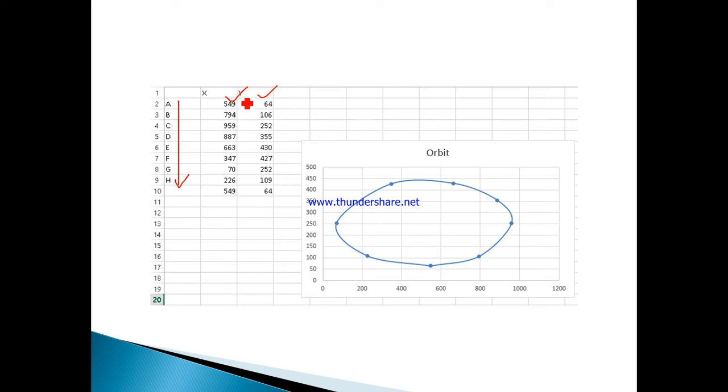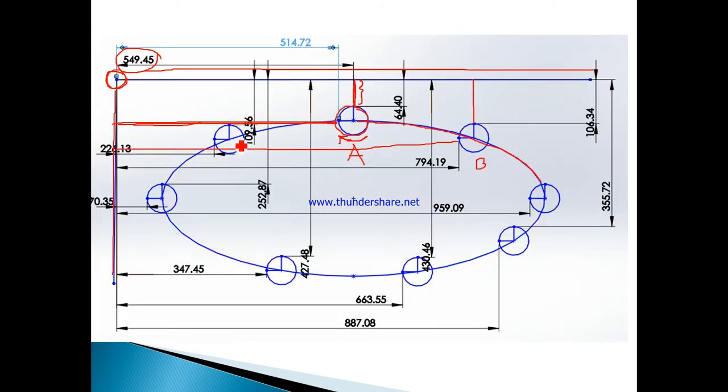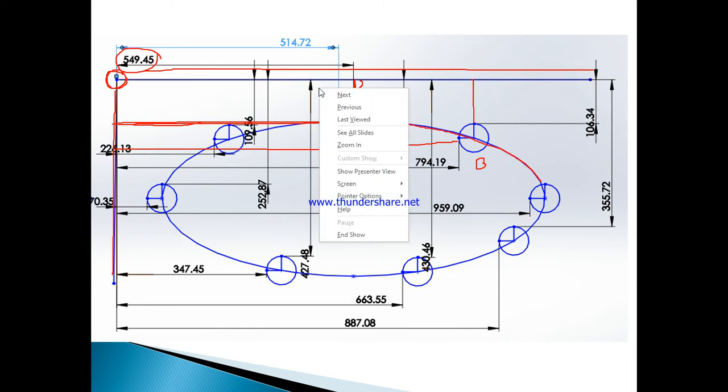So you see that I am logging the distance, and after logging, once the full rotation is over, if I plot these values, you will get a shape like this. That is nothing but the locus of this ellipse.